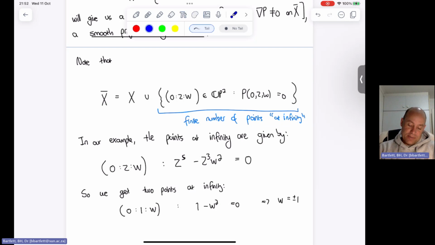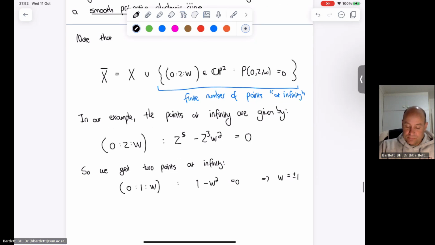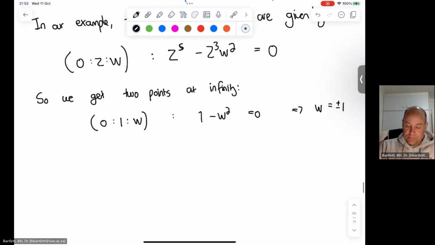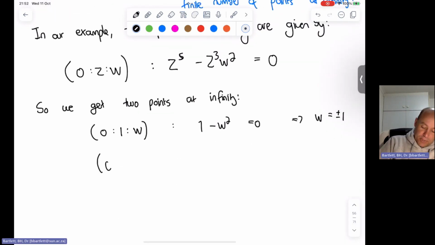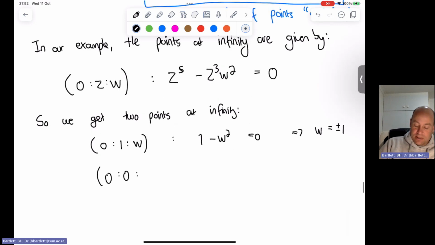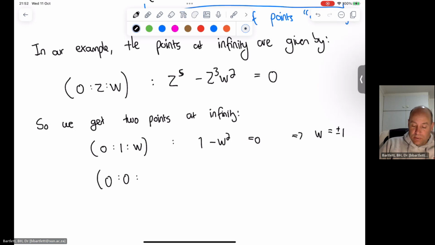Okay, and if this is 0, which is also a possibility, then I couldn't solve this equation, could I? Let's check. So if I were to put z equal to 0, then what would w have to be?